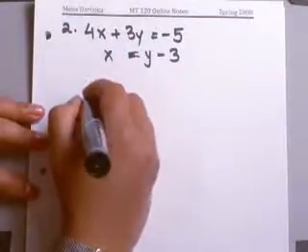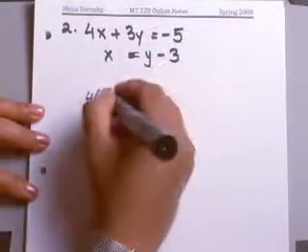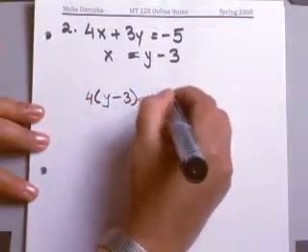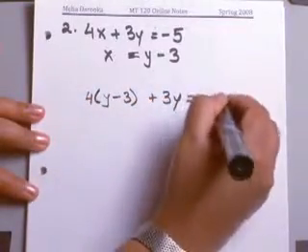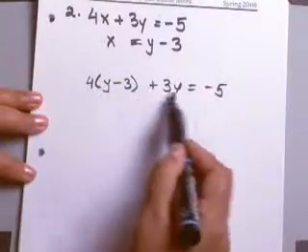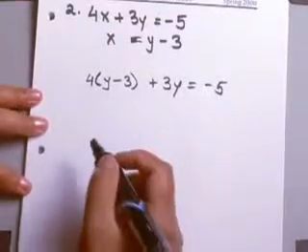So you have 4 times the quantity y minus 3, plus 3y equals negative 5. Now you can see this equation is all in terms of y. We got rid of the x variable here.